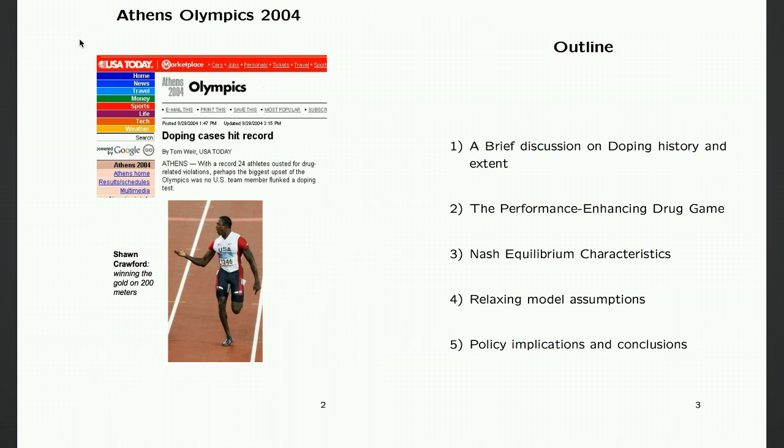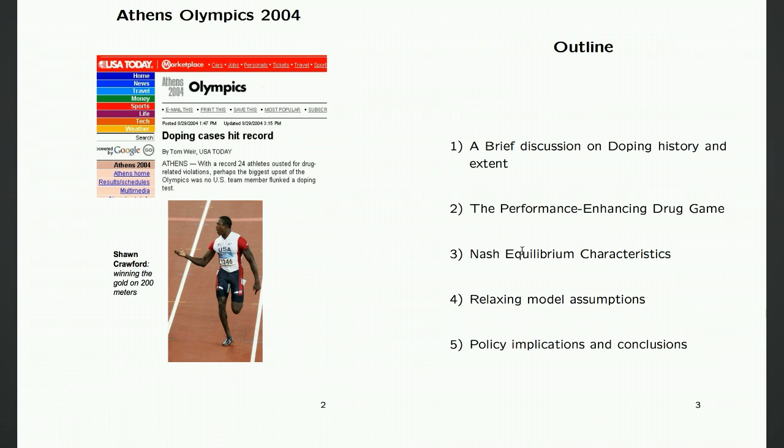The outline of my talk is on the right here, and I'll start by giving a very brief discussion on doping history and extent, and then I'll talk about the main point of this paper, the performance enhancing drug game. I'll talk a little bit about the Nash equilibria, what they may look like.